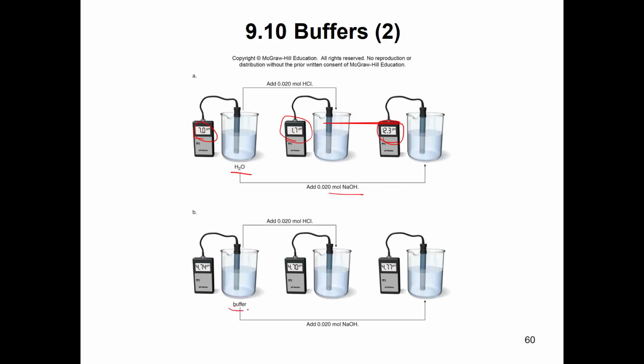But if you have a buffer added to your water, say you're buffering it at 4.74, like you usually buffer them to stay around a certain pH, and you add acid to it, it might only go down to 4.70. If you add base to it, it might only go up to 4.77. So a very small change in pH, much smaller than if it was just water without a buffer solution in it.